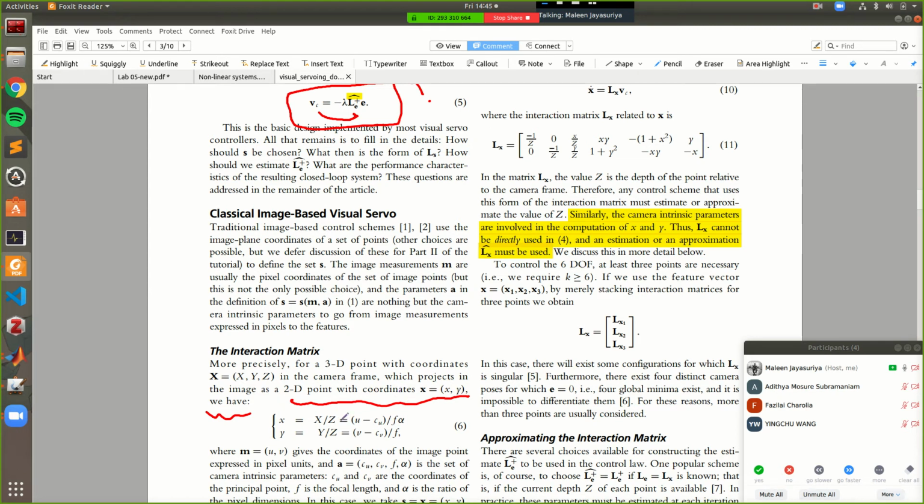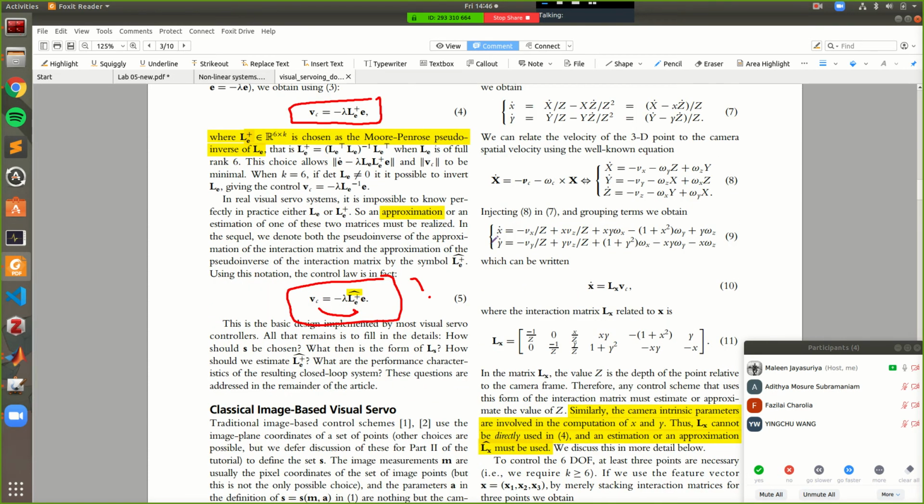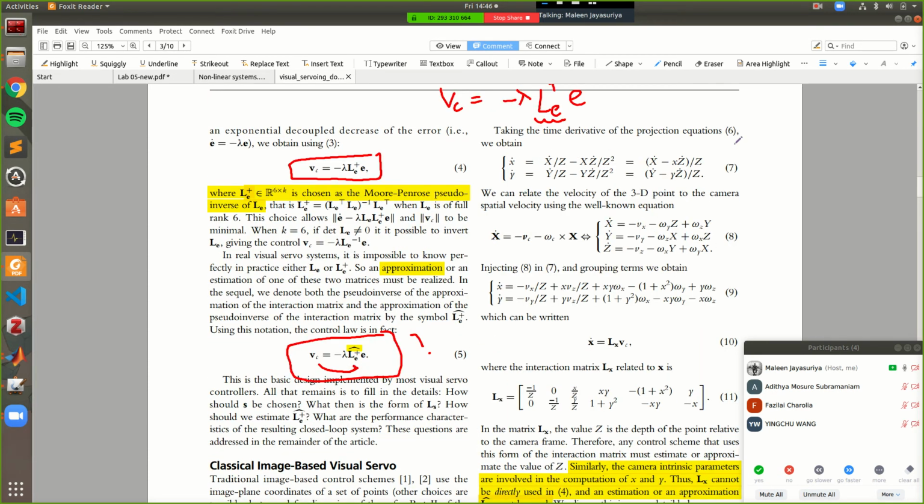So remember the relationship between 3D points and 2D points, right? So if this is our 3D point, how it's going to be represented in the 2D point is like this, right? We learned that in camera projection, right? So we have a relationship between 3D points and 2D points in an image, right? And if we differentiate that, we get this set of equations, right?